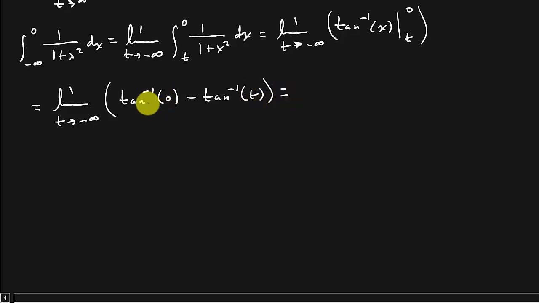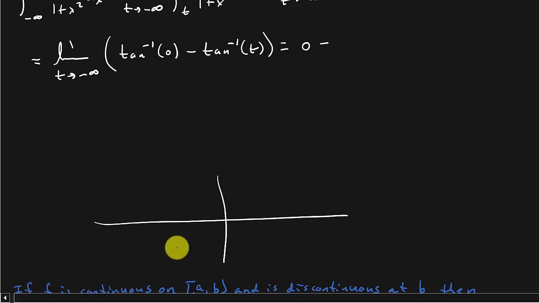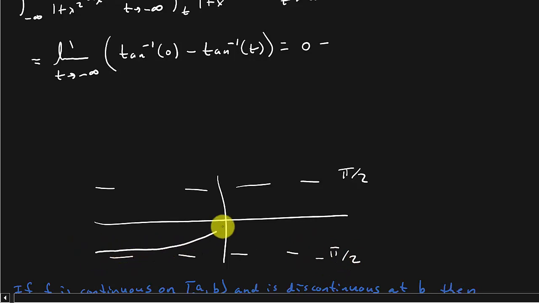So this is 0 minus, and then let's just go ahead real quick. That's pi over 2, negative pi over 2, and the graph looks something like that. As t goes to negative infinity, you can see that inverse tangent is approaching negative pi over 2. So that's negative pi over 2, which is just pi over 2.